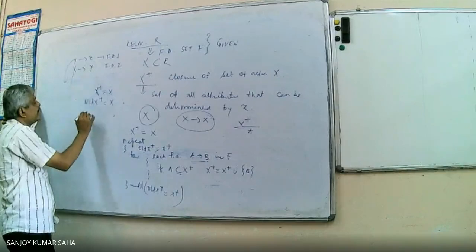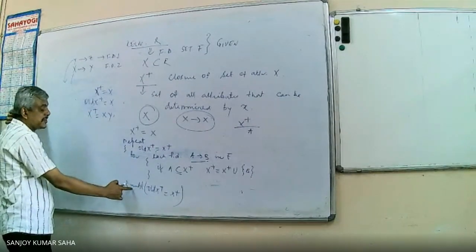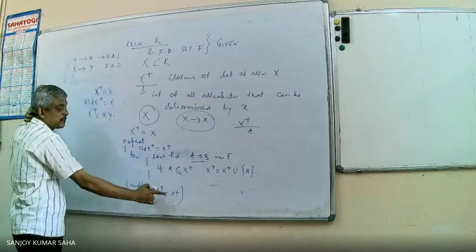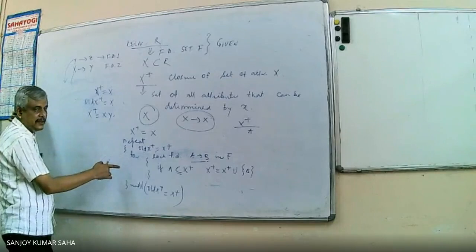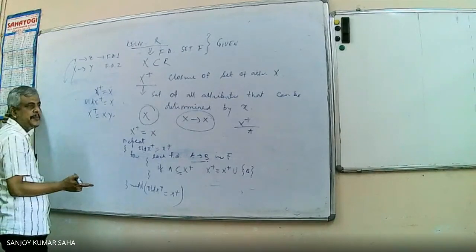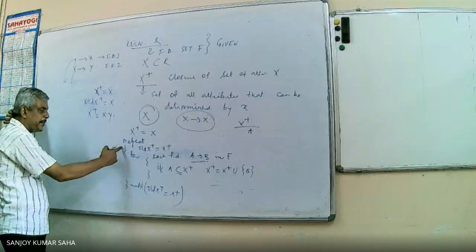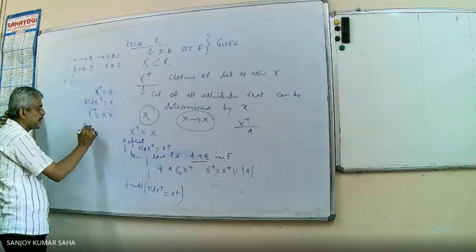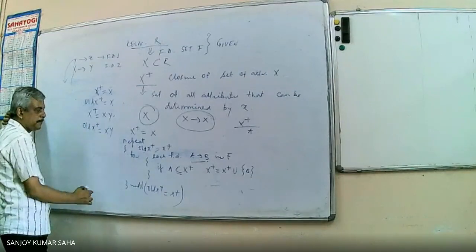Then looking at this one, Y will be included. Now if we check old X plus equals X plus, no. So some changes have occurred. Maybe the rules which were not applicable earlier may be applicable now.